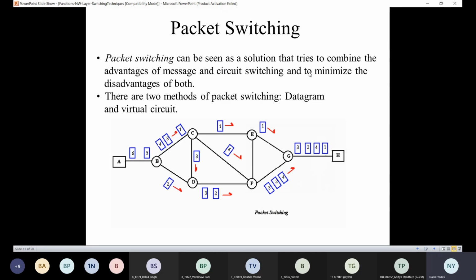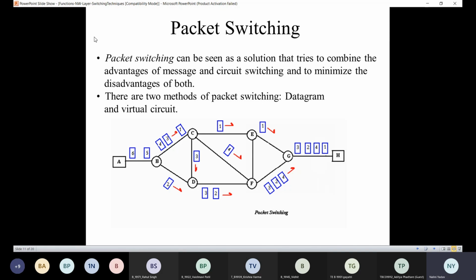You can see there is a diagram, and what does this diagram show? It shows packet switching, that is, datagram and virtual circuit for packet switching. So what happens in packet switching? You can see there are numbers, these packets have numbers, and every packet is following a different path.